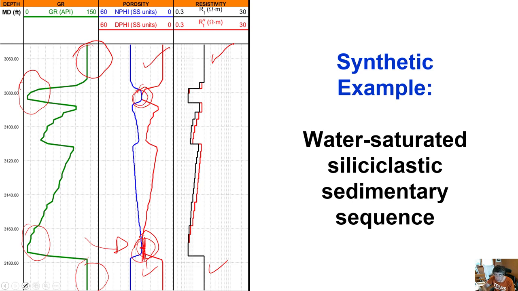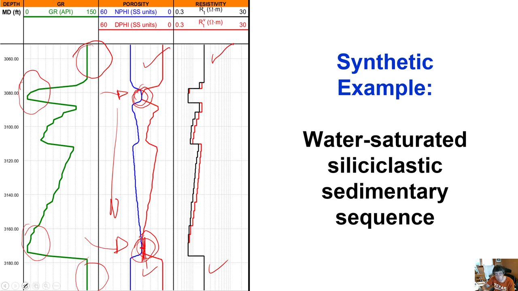Same here, and just by comparison, we understand that whenever we have a clean sandstone, the values of the porosity of that sandstone seem to be the same over here and over here. That's actually a very important remark.